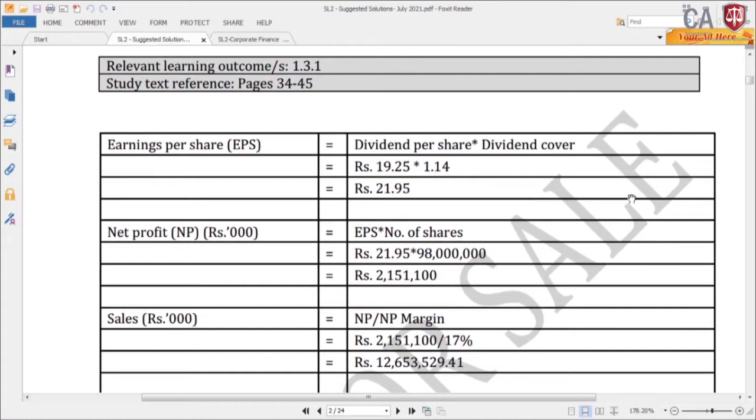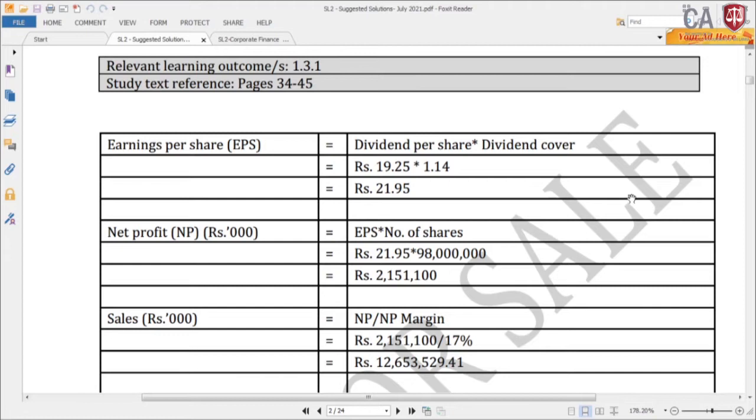Dividend per share is given as 19.25, and the dividend cover is 1.14. When I multiply dividend per share by the dividend cover, I get the earnings per share. That's the first part of the answer. You can see the table in the suggested answer. So 21.95 is the earnings per share.